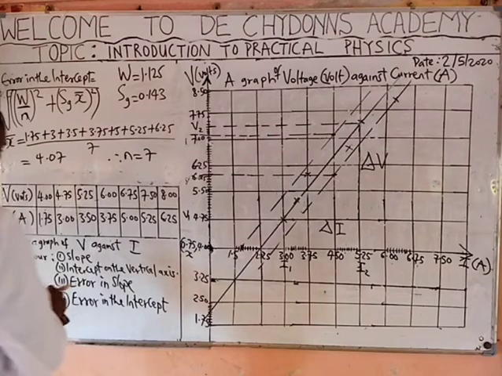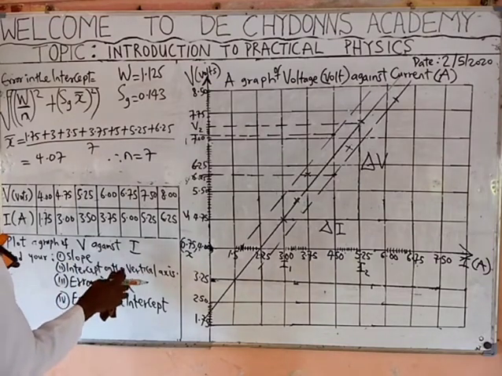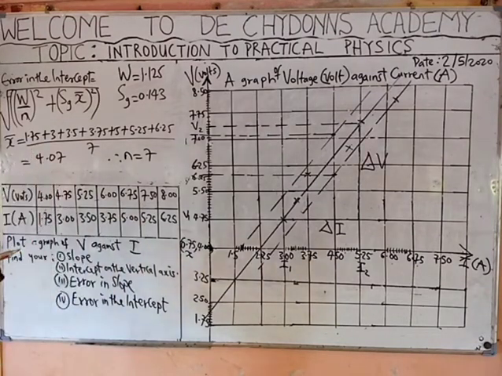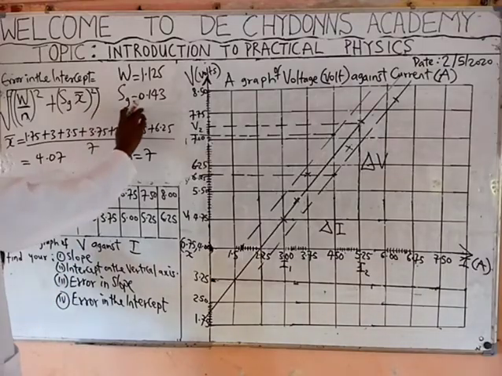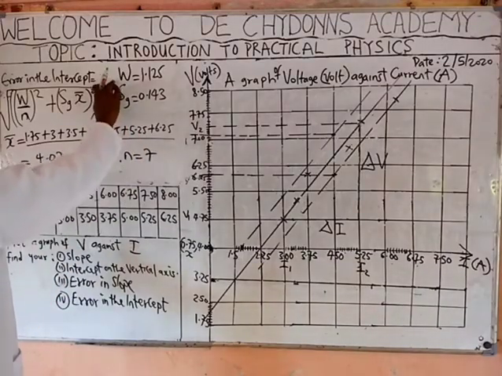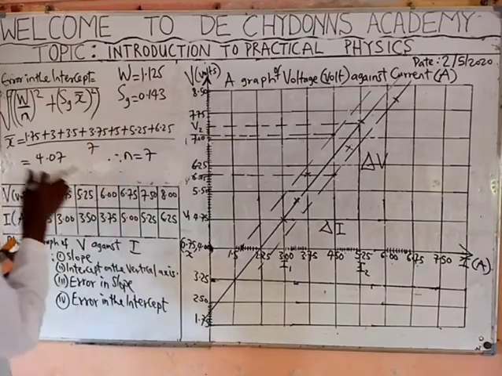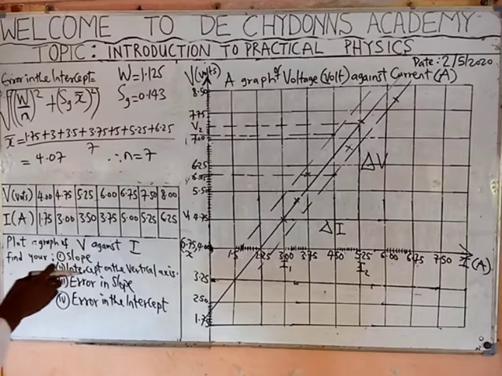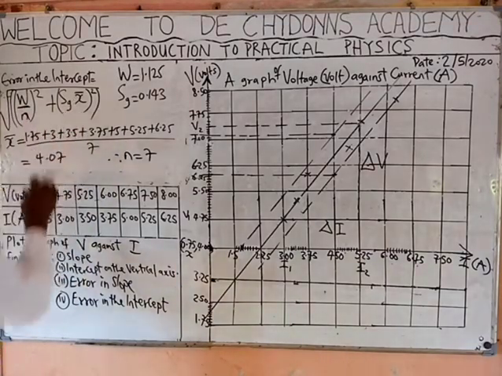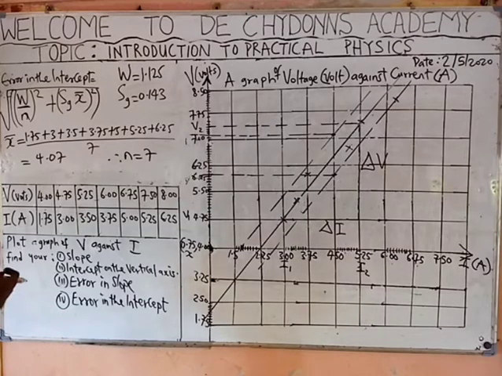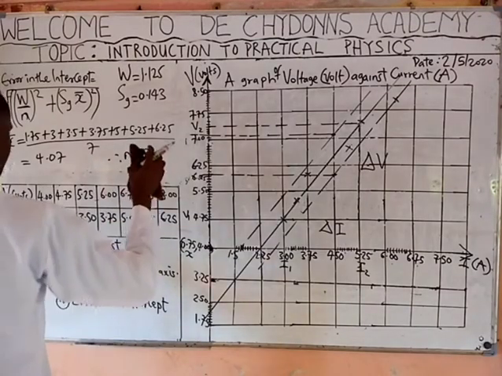Remember, our error in the intercept is what we are getting now. We have gotten our W to be 1.125. Okay? Now what we do is we plug it into here.